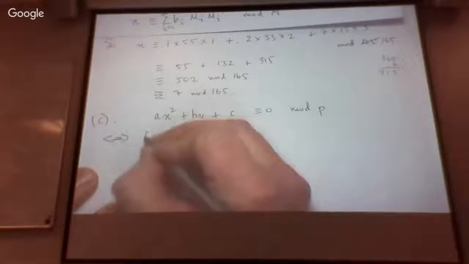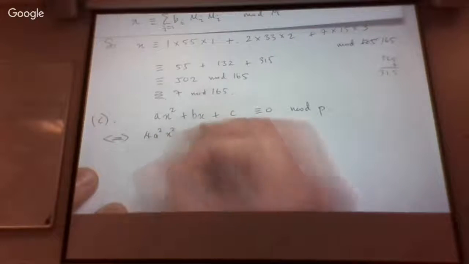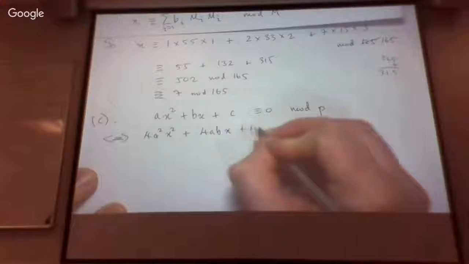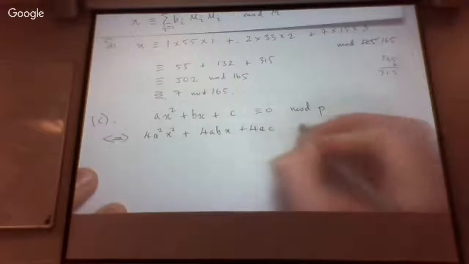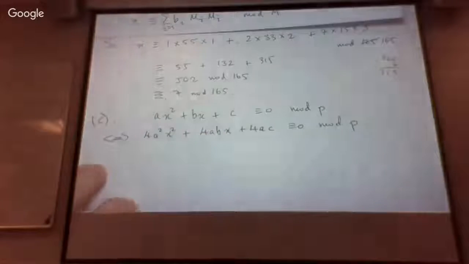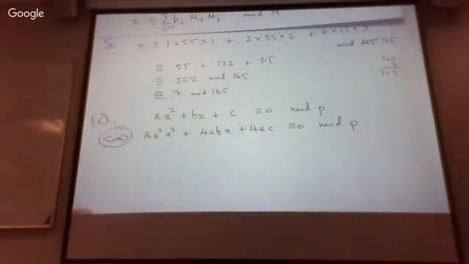So when you multiply by 4a, you've got 4a squared x squared plus 4abx plus 4ac, and that's congruent to 0 modulo p. Now the justification for this, and what exactly you're justifying, is that this is an equivalence.